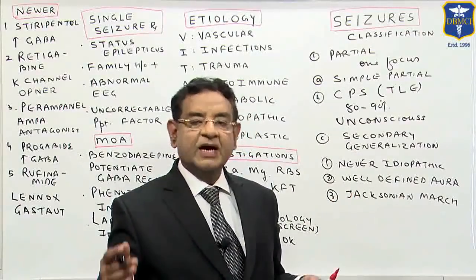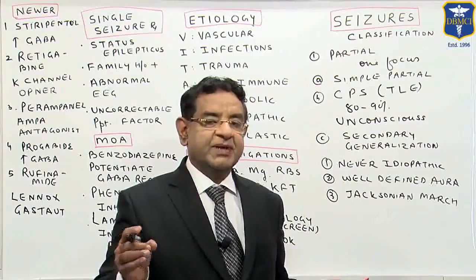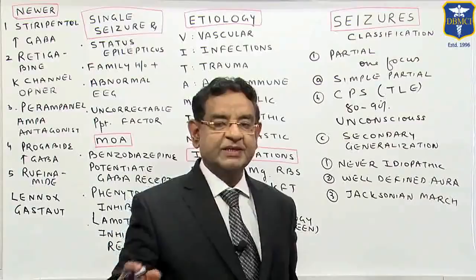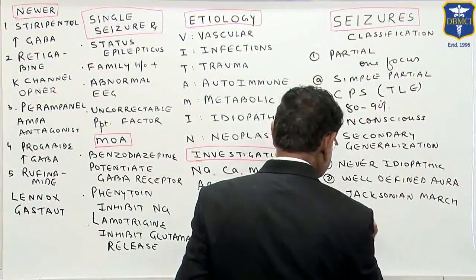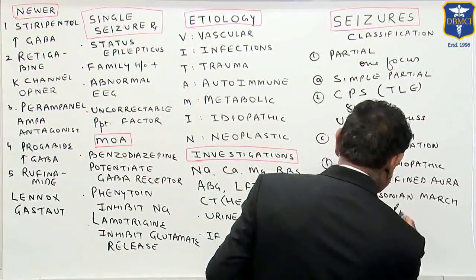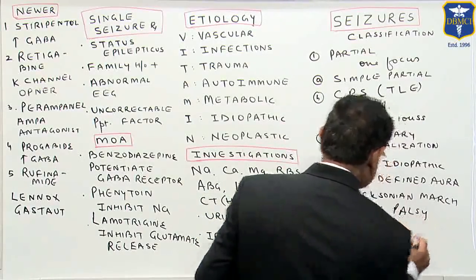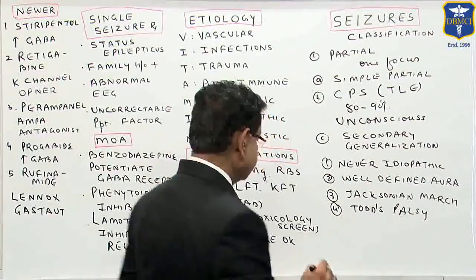And after the epilepsy is over, the patient may have some residual deficit, and that is known as Todd's palsy, again a feature of partial seizure.